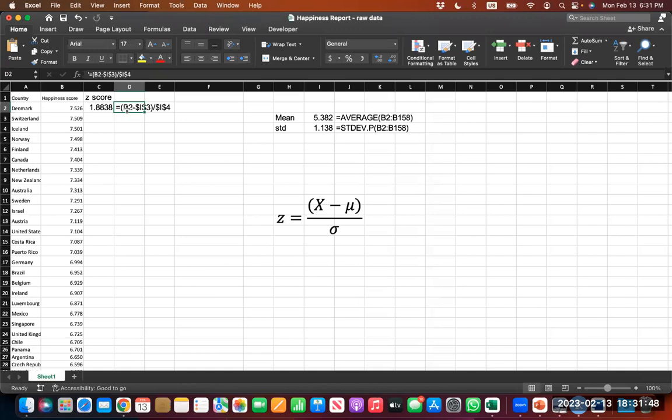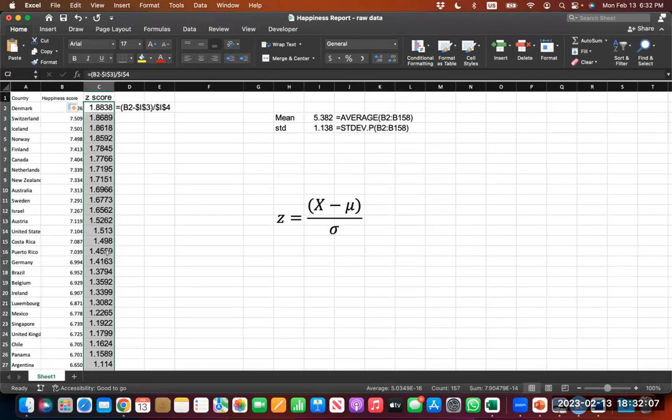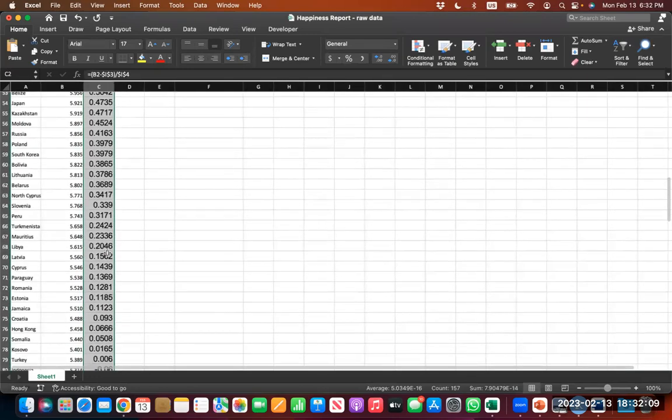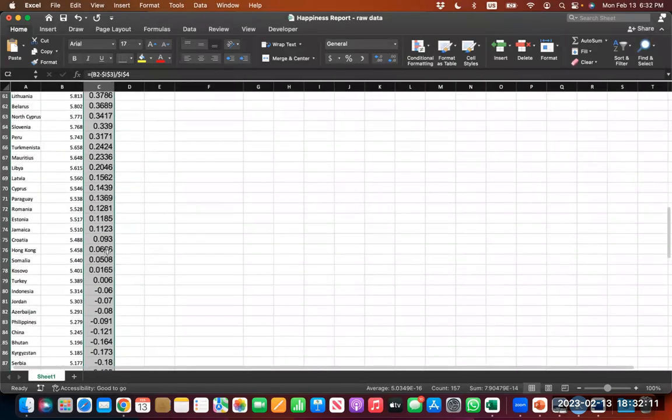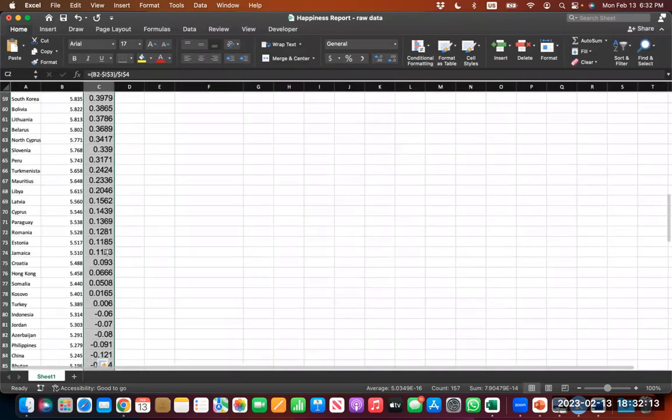So it's B2, which is the happiness score of Denmark, minus $I$3, that's my mean, in parentheses, divided by $I$4, which is the standard deviation. So that gets you the individual Z-score. And now you just need to click on C2, double click the right lower corner, and that gets you those Z-scores for your entire population of countries.